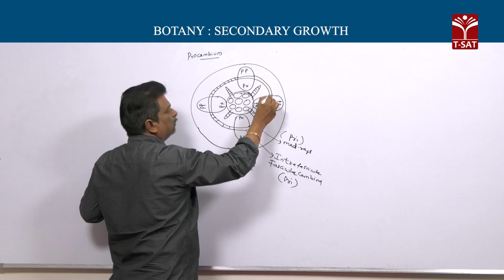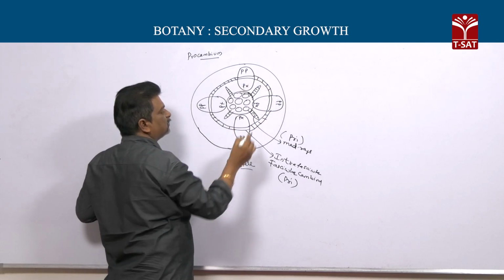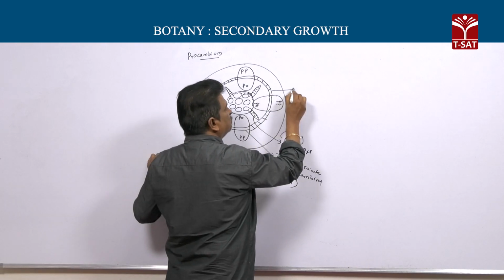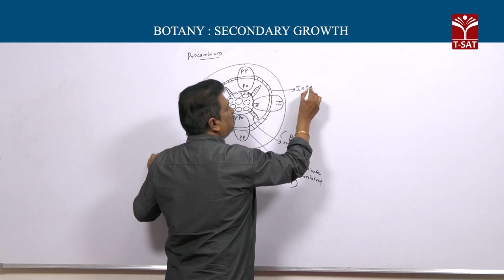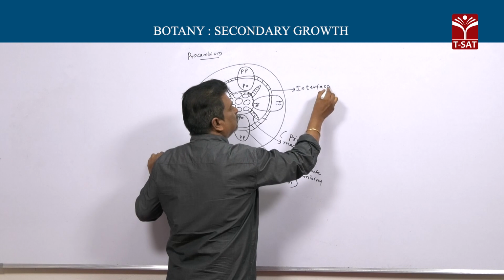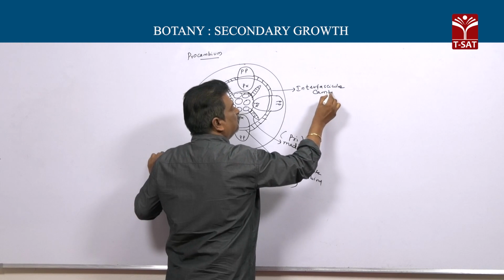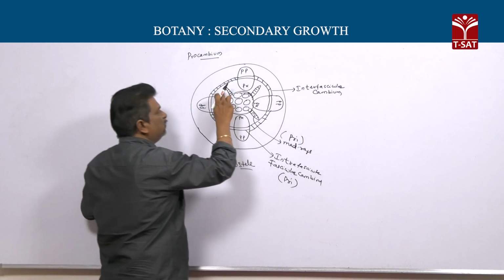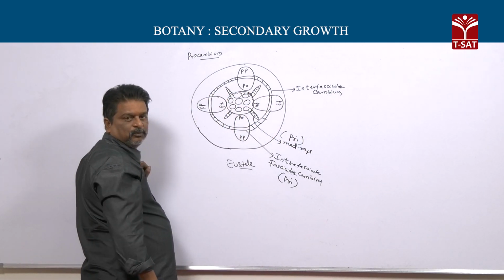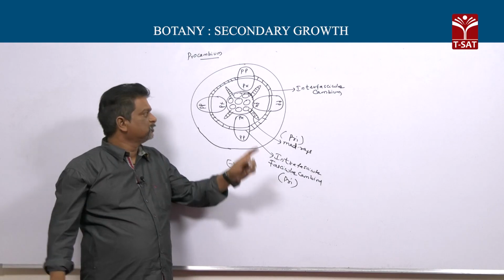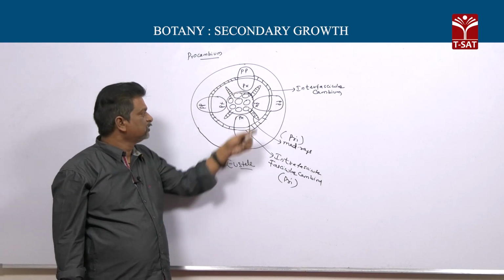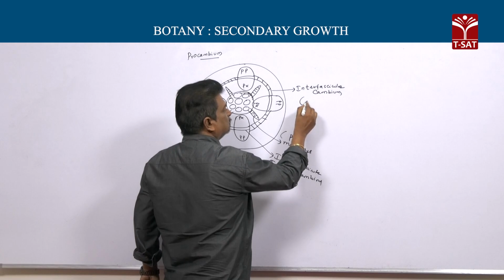That cambium present in between vascular bundles is called interfascicular cambium. This interfascicular cambium is produced from medullary rays by dedifferentiation. So it is secondary.